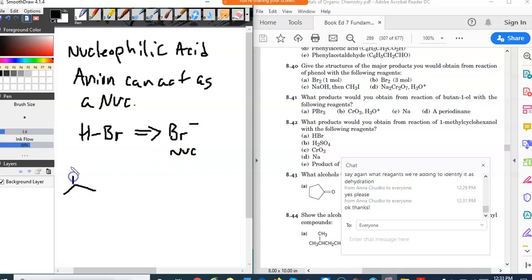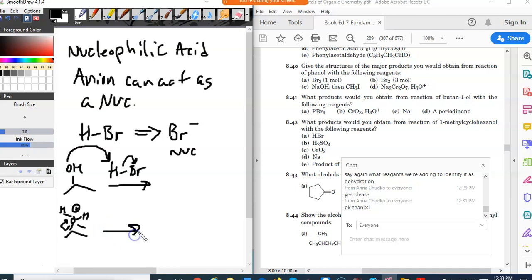So in this case, when we have the alcohol and we add HBr, the mechanism is exactly the same. This alcohol is going to protonate, just like what we saw in the elimination reaction. You form water, and then the water leaves and you form a carbocation. But you have Br minus swimming around, so the Br minus is going to act as a nucleophile. It sees this plus charge and immediately adds in here and forms a C-Br bond.